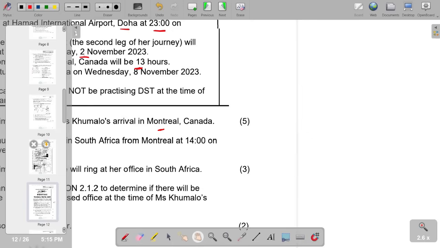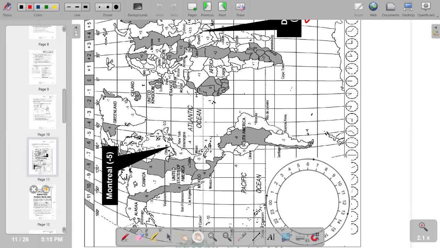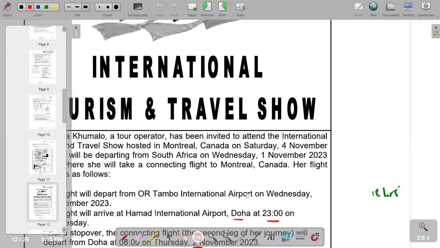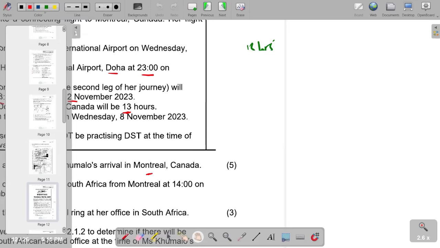we refer back to the map and see South Africa, where we know that South Africa is +2. South Africa is +2, and we have got Montreal, which we have identified as -5.